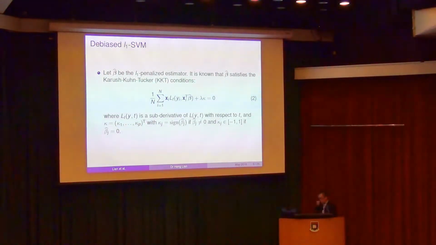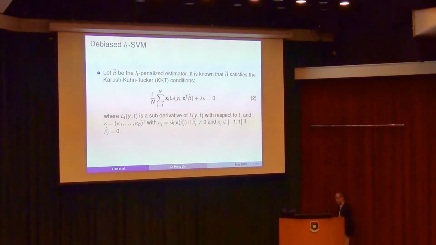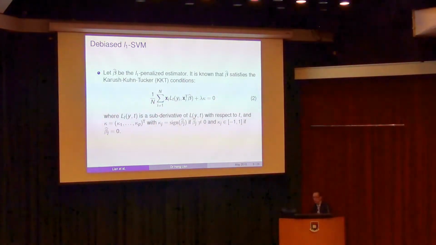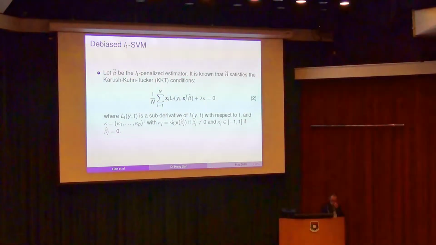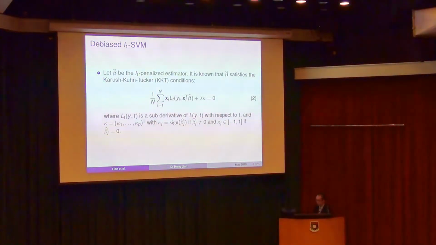Now, a more important aspect of this model concerns the divide and conquer we will do later. For now we don't do it, but later we will. When you have the L1 norm penalty, the trouble is that the estimator is biased because of the shrinkage by the L1 norm penalty. So we need to study the bias. In statistics, bias is just, if you have beta hat, the difference between the expectation of beta hat and the truth.